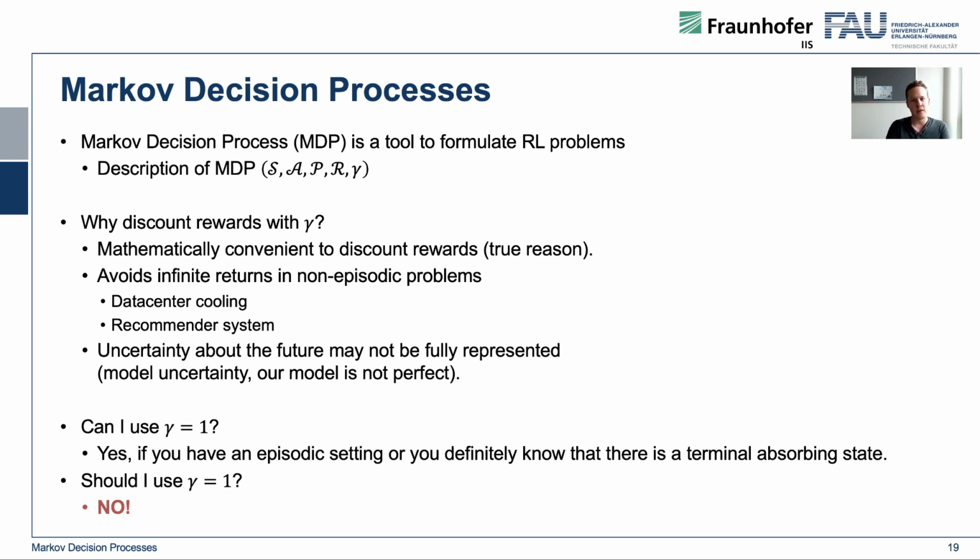Because if your episode is very, very long and you have a lot of rewards along the way, so if your time steps grow to infinity, it's not very good to approximate a sum that goes to infinity. So it's mathematically very convenient to discount the rewards, because at some point rewards get very, very small and you can approximate the value much earlier.